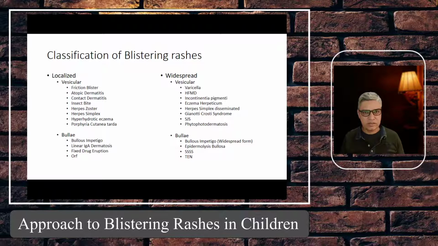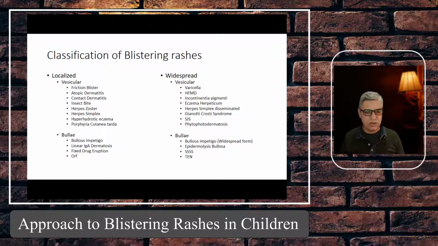And these are very superficial large bullae which can easily be broken. Light pressure can just cause slipping of the skin, and they present like burns, and they have to be treated with intravenous anti-staphylococcal antibiotics. And toxic epidermal necrolysis is Stevens-Johnson syndrome with more than 30% of the body surface involvement, and again that's quite a serious condition.